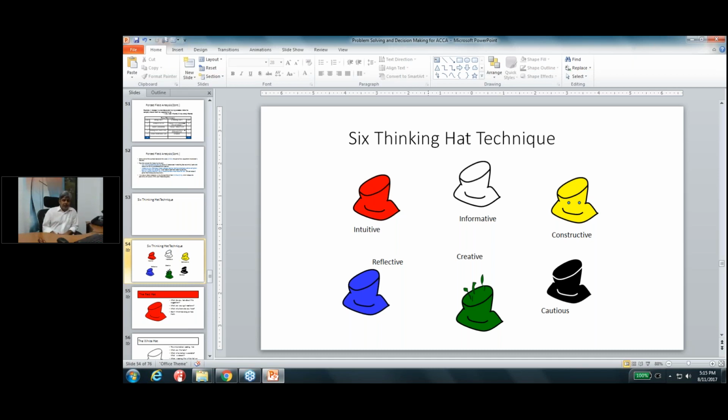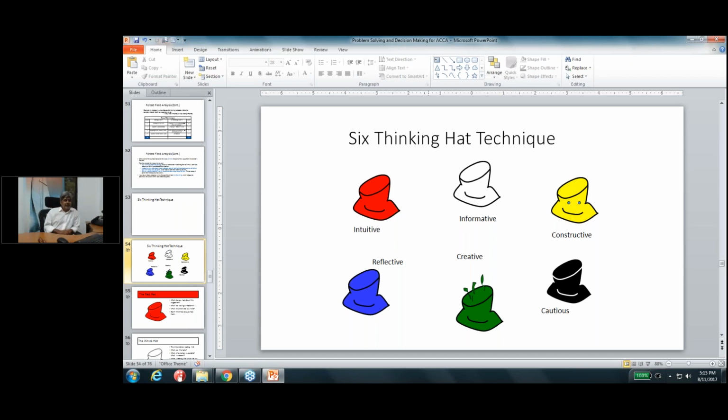Maybe you have seen people who are very critical. There are a few people who are pessimists. There are people who are optimists, right? There are different types of people within your team, or maybe they have different traits of thinking styles, right?